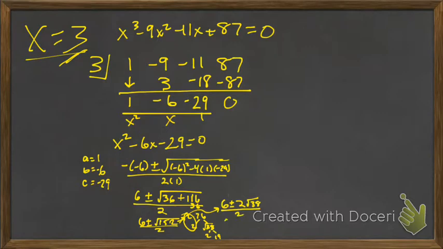Now I can simplify 6 over 2 plus or minus 2 rad 38 over 2. 6 over 2 is 3, plus or minus, these 2's cancel, root 38. So the other 2 solutions to this problem that my calculator couldn't give me, that were irrational, were actually 3 plus the square root of 38 and 3 minus the square root of 38.